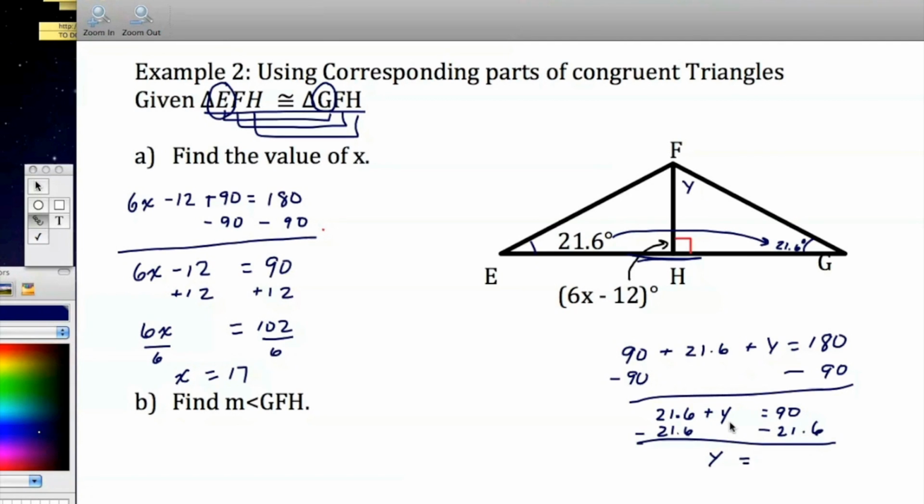I end up with Y is going to be equal to 68.4. Okay? So the measure of angle GFH is 68.4 degrees because all of them add up to 180. Okay, guys? I use the congruent parts to know that those two are equal.